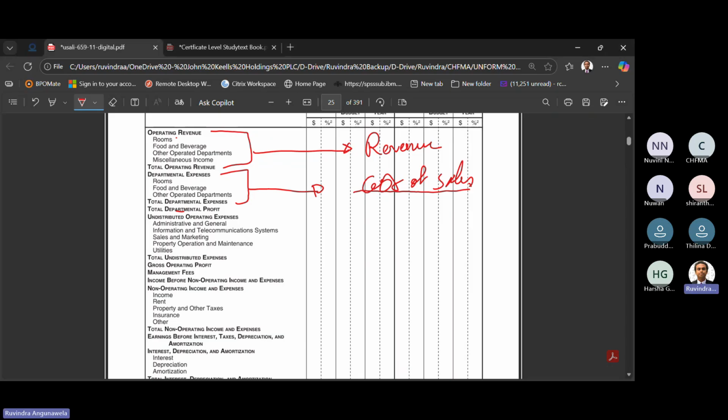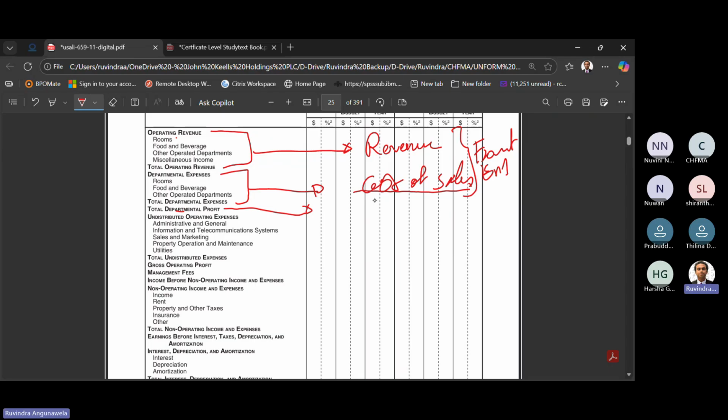So now let's refer back to our P&L. Now we looked at the revenue. We looked at the cost of sales or the direct expenses. These are mainly related to the frontline departments, the front-end departments. Then we have the total departmental profit, otherwise known as the gross profit.